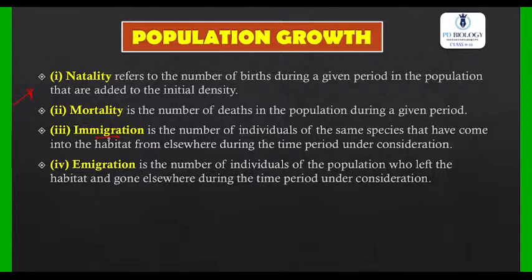Immigration, you know this one, the number of individuals of the same species that have come into a habitat from elsewhere during the time period under consideration. Emigration, the number of individuals of the population who left a habitat during the time period under consideration.